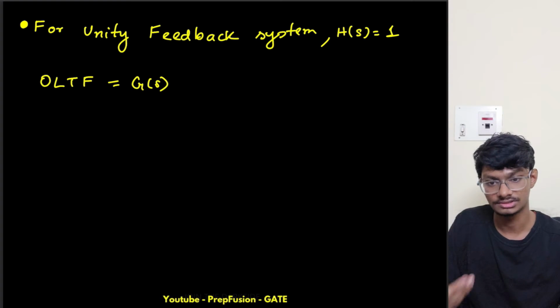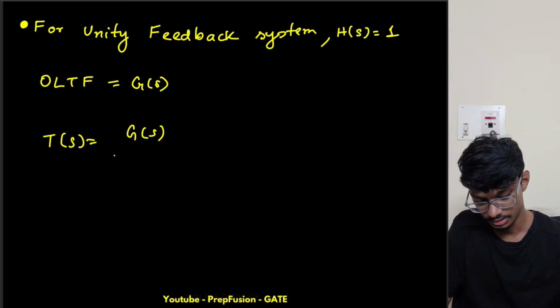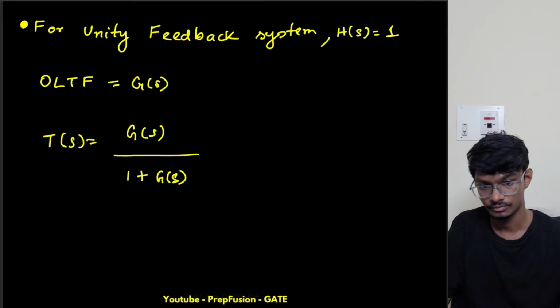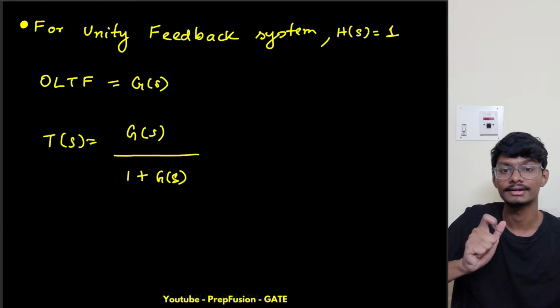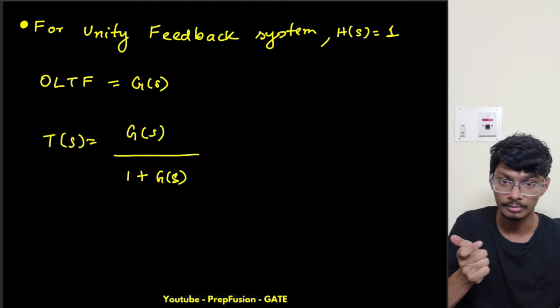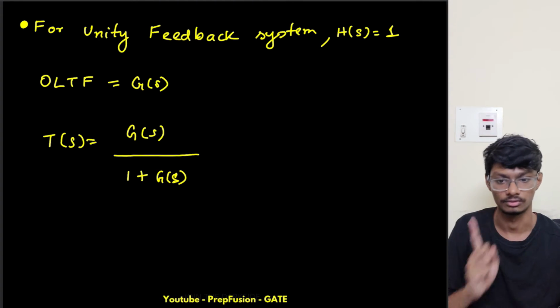So the transfer function in case of unity gain is 1 plus G of s. Now I can relate the CLTF and OLTF in a better manner. This you need to remember, but also remember the condition: this is valid only for a unity feedback system.